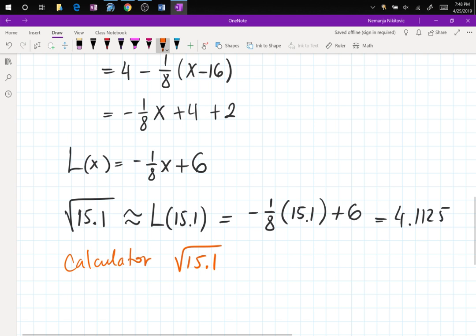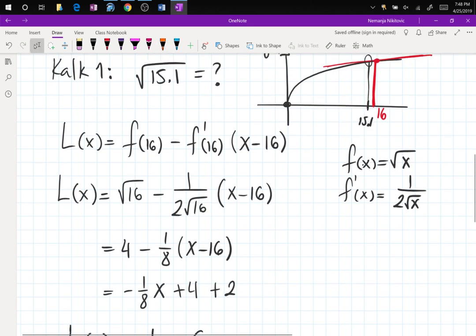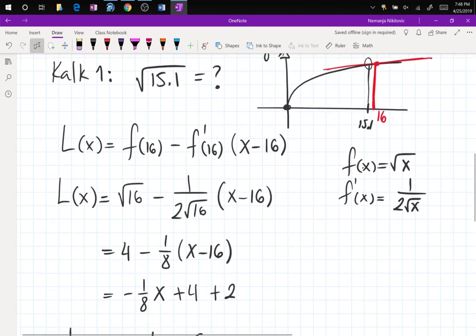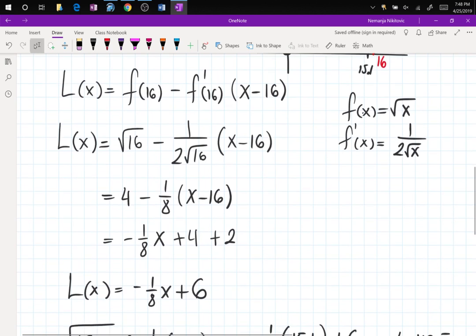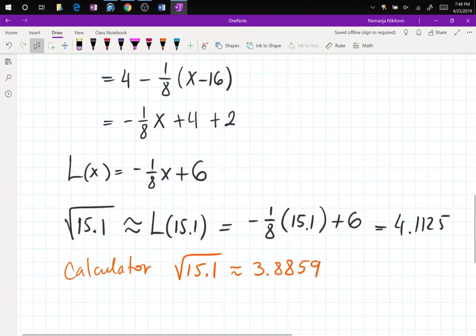For 15.1, I have 3.8858. Well, what did I do wrong? So 1 over 8, and then copy the 4, and then half of 16 is 8, and that's plus 2, and that's plus 6.